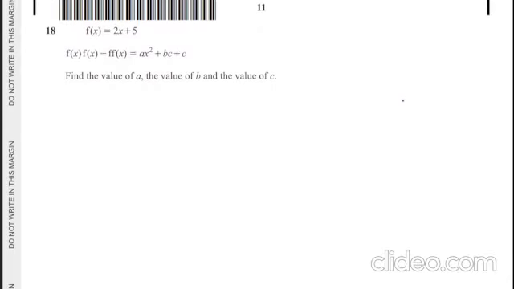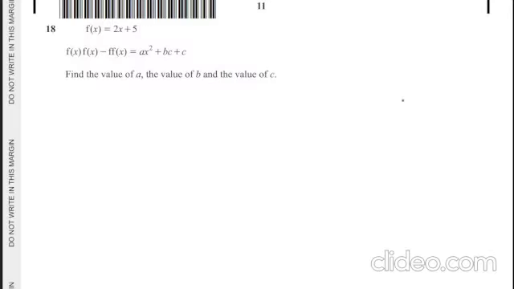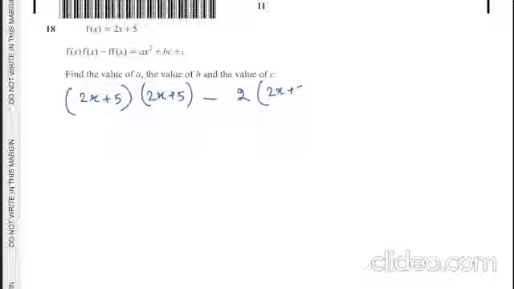f of x equals 2x plus 5. f of x times f of x minus f of f of x is this. We have to find this. So f of x times f of x is 2x plus 5 times 2x plus 5, minus f of f of x, which means 2 times (2x plus 5) plus 5, the function inside the function, so a composite function.